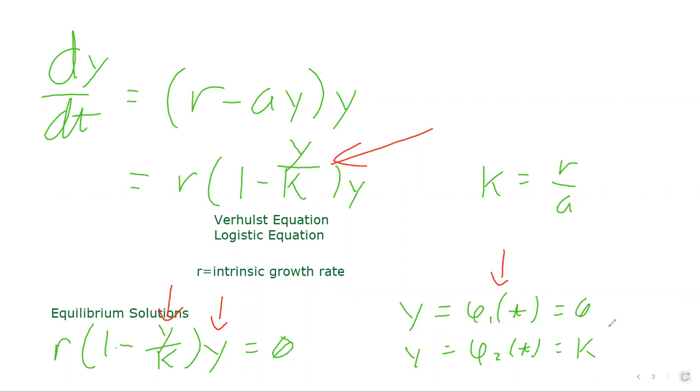So now, building off of this, we're going to have our critical points, just like what you had before, and those are the zeros of this f of y equation. And so what we're going to do is draw what's called a phase line.